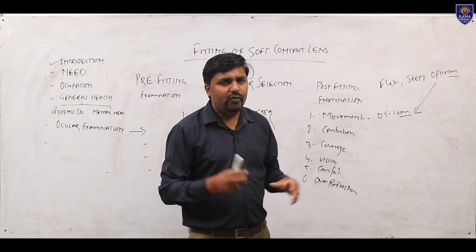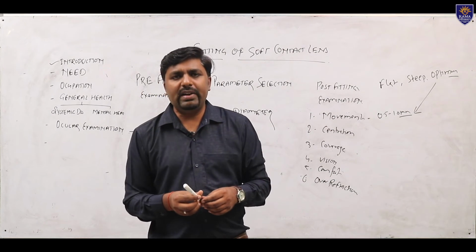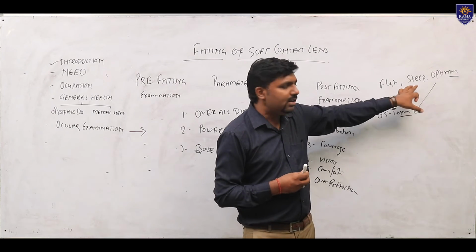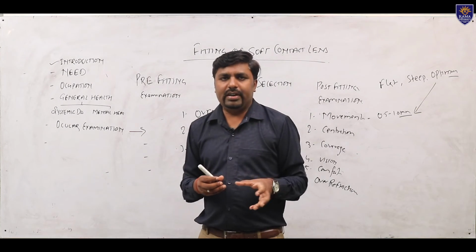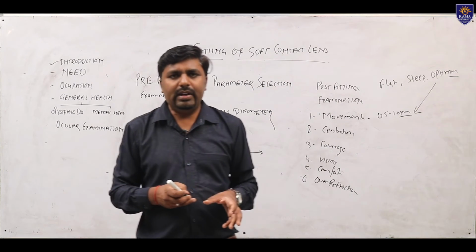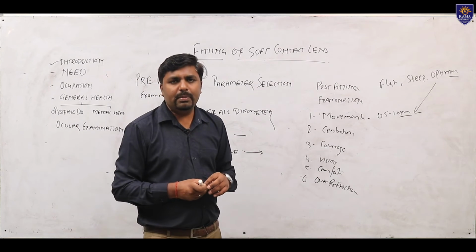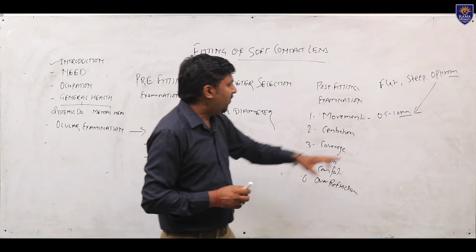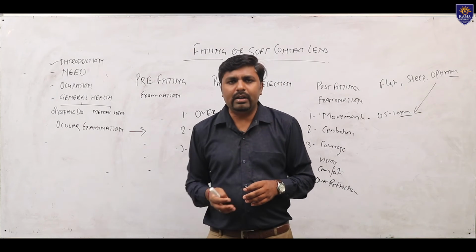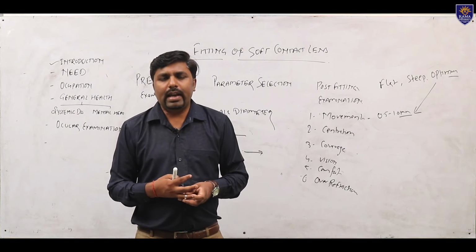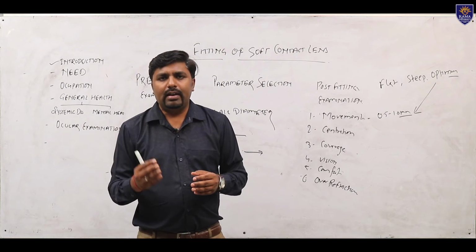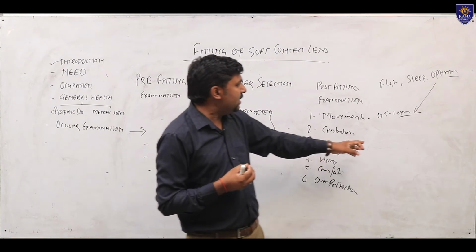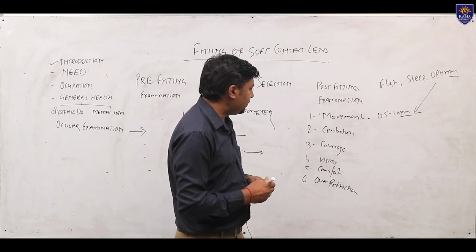If you get very little movement, less than 0.5 mm, that's an indication your contact lens fit is steep. That means tight fit. It's very stable. Tight fit means steep fit, very stable with very little movement, or no movement. Flat fit has very high movement and more lag. So, if lag is present and bubbles are present, that means there is a flat fitting.